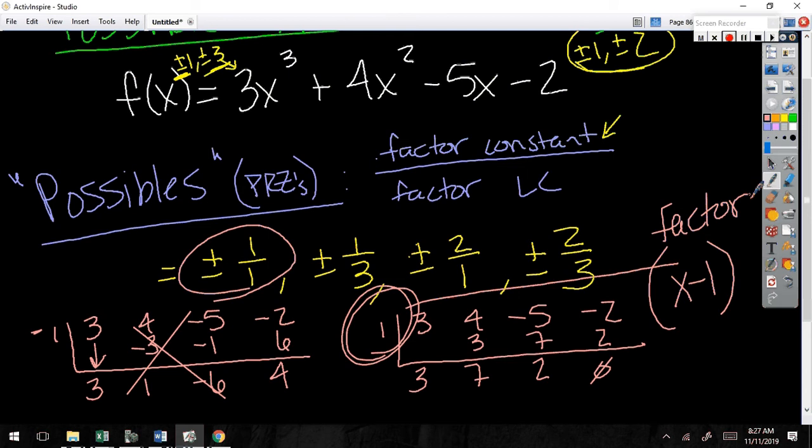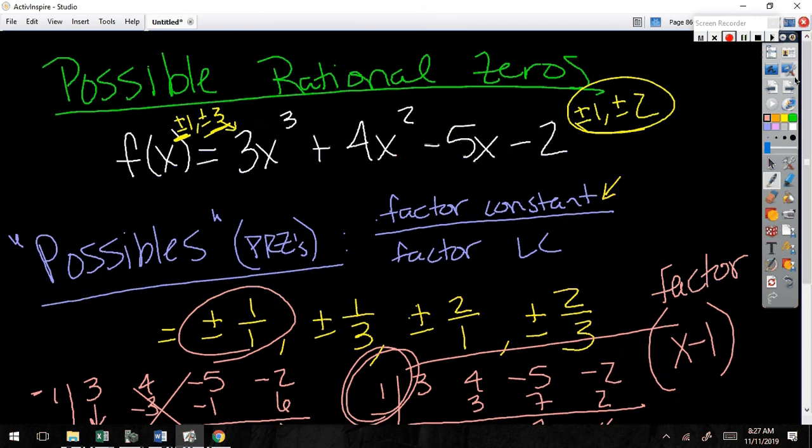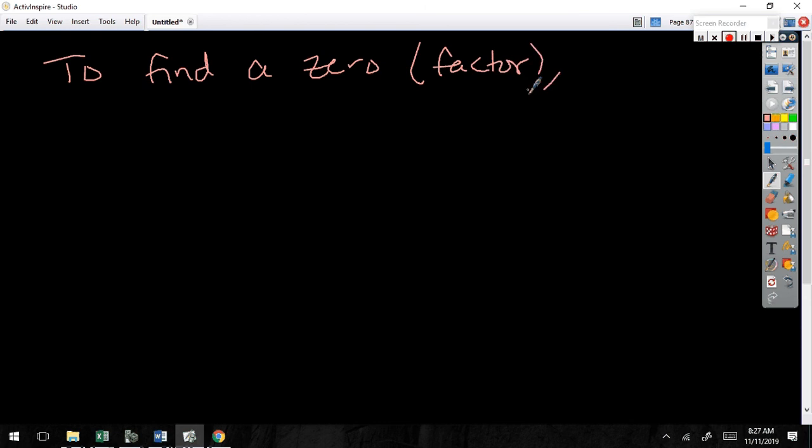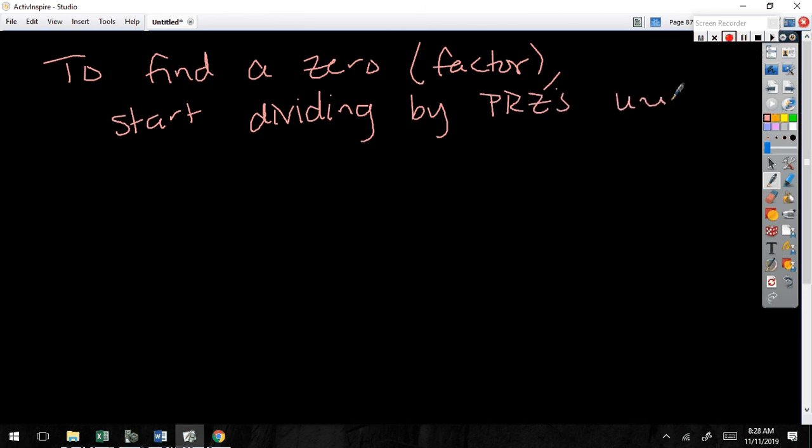Let's say, to find a 0, which is actually a factor, start dividing by your PRZs until you get to one with no remainder.